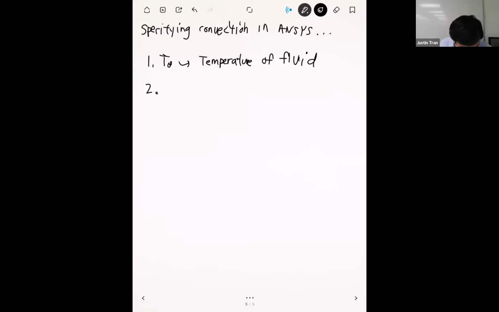Okay. The other variable, which I kind of neglected mentioning on the last page, is H. Okay, and H here is the convection coefficient. And so what the convection coefficient tells you is how effective that fluid is at transferring heat.